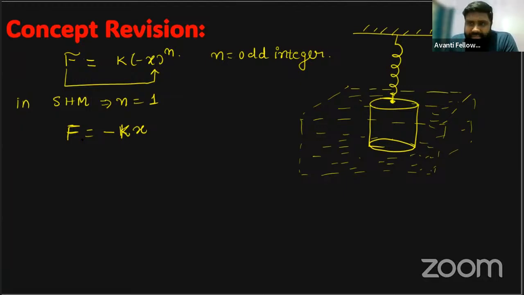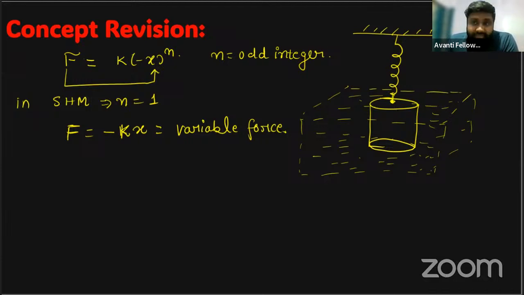So this force here that we have, F is equal to minus kx, is nothing but a variable force. Okay. So in SHM, only the variable force is responsible for the oscillatory motion or SHM. Or you can say in other words that SHM is only possible because of the variable force.